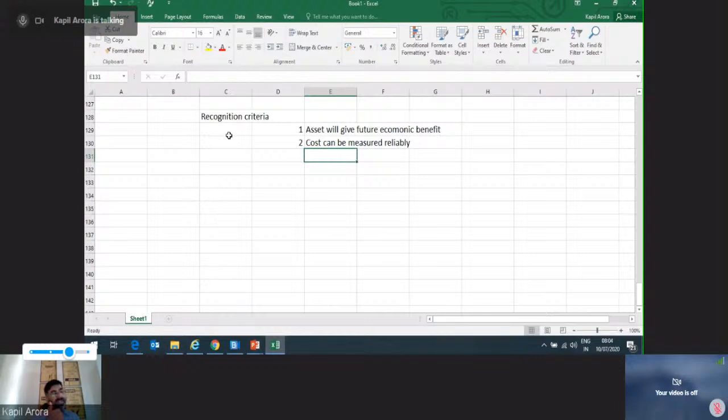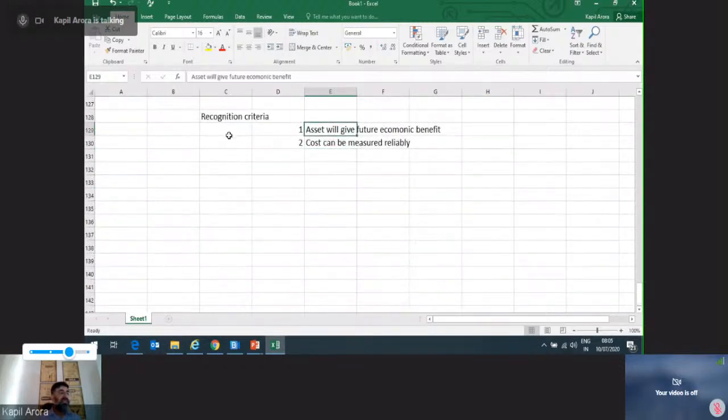So you are not going to get any benefit. I am taking a very hypothetical example. Generally, when the government acquires, they pay you something. Let's assume they are not going to pay you anything. What will happen? You will not be recording this as an asset. You will de-recognize that because no future economic benefit will be coming in.